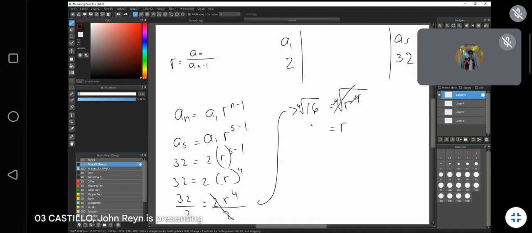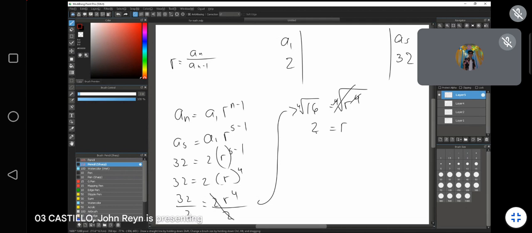Okay, sige. Paano natin i-treat yan? That would be 2. Dapat alam nyo yan, ha? 2 raised to 4 yan, ha? Kasi yung 16 ay 2 raised to 4, of course, no? Like having square root of 4, it's 2 times 2. Fourth root of 16. You have to have the factors of 16. What are they? It's 2, no?